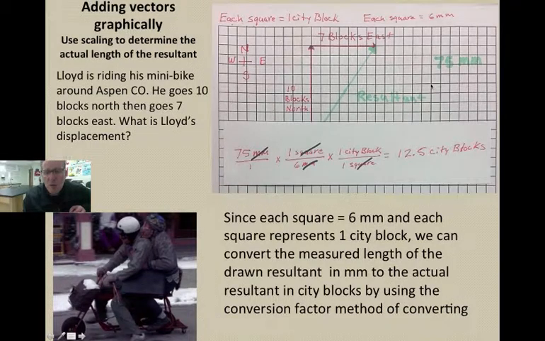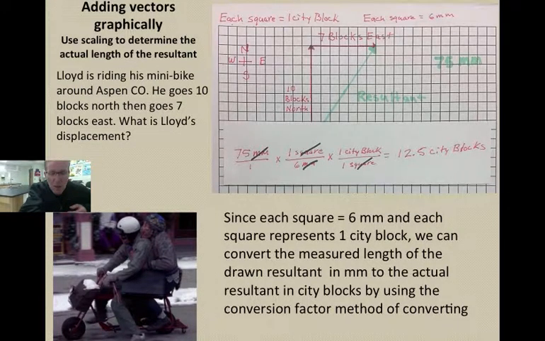Okay, once we have that done, we can go ahead and do some conversions using conversion factors. Since each square is equal to 6 millimeters and each square also represents one city block, we can convert our measured length of our resultant, and eventually convert that to city blocks.